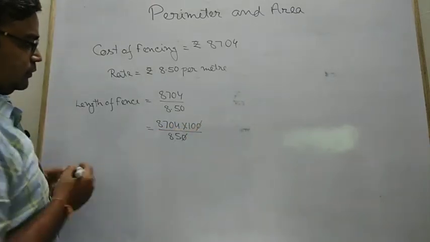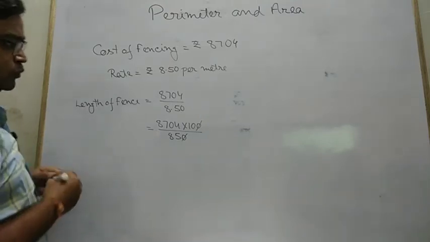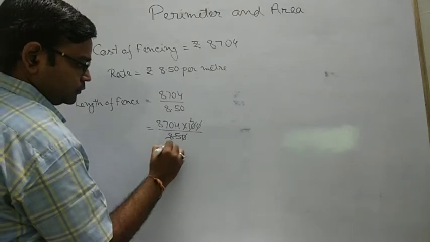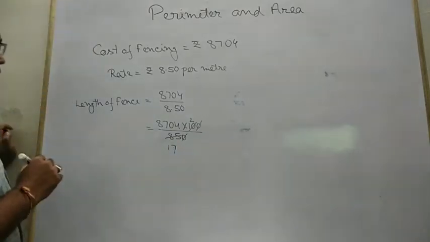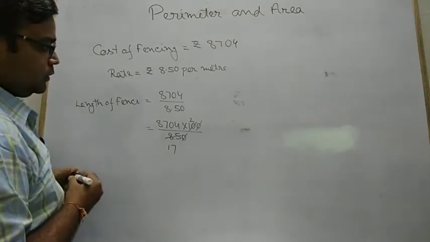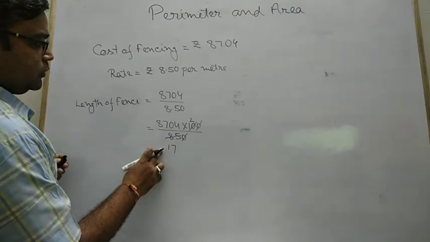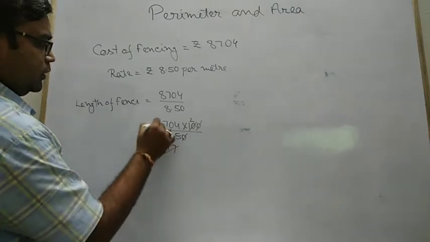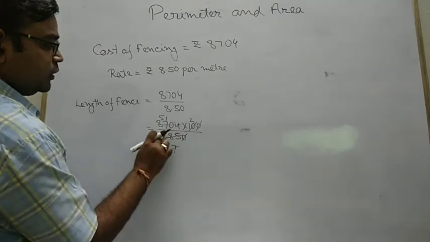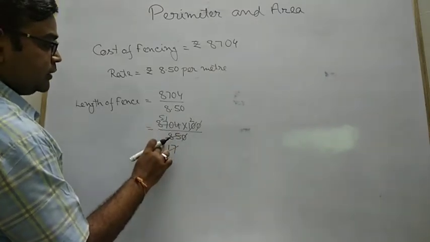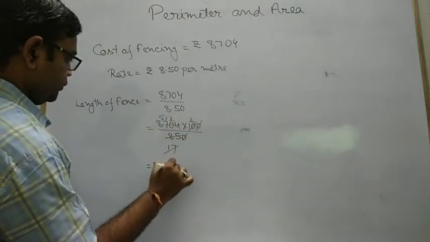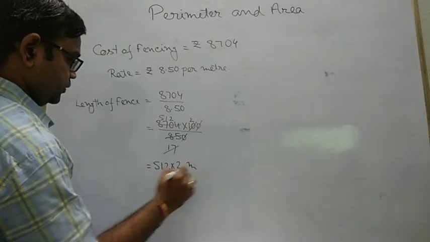We have 85, 5 2s, 5 7s are 17. Yes, 17. 17 5s are 85, 20, 17 1s, 20 minus 17 is 3, 17 2s are 34. It's 512 into 2 meter.